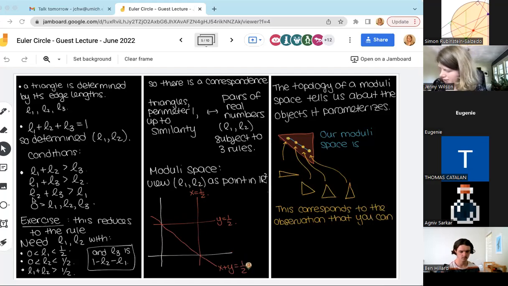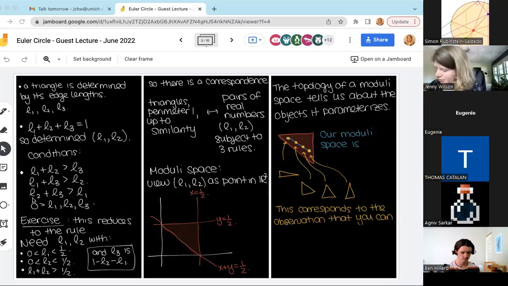So the conditions tell me that my pairs need to be above this diagonal. The 3 conditions exactly tell me that my ordered pairs need to be in this region here. So this triangular region of the Cartesian plane is our moduli space of triangles.